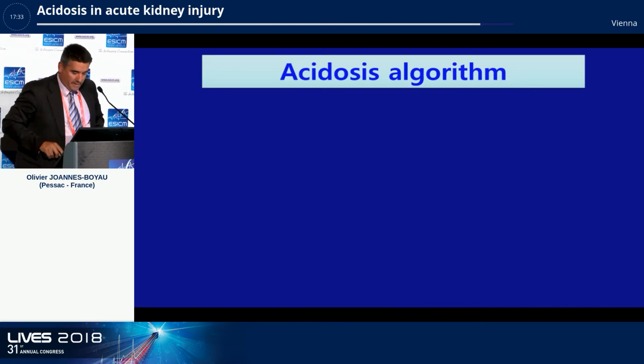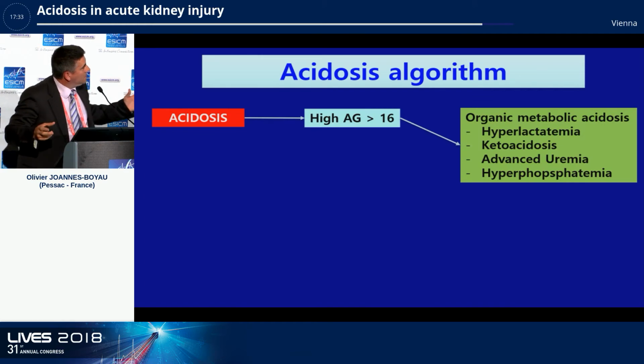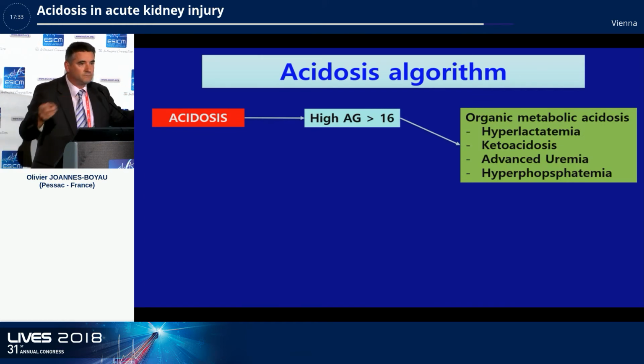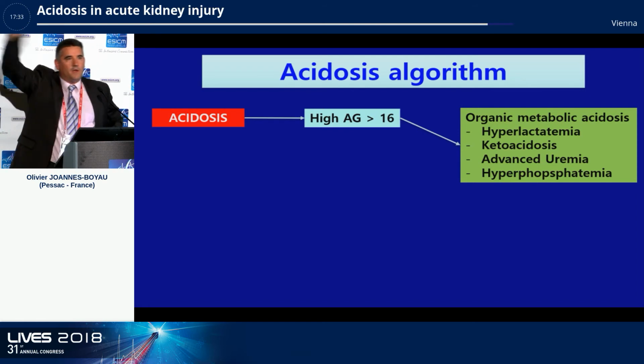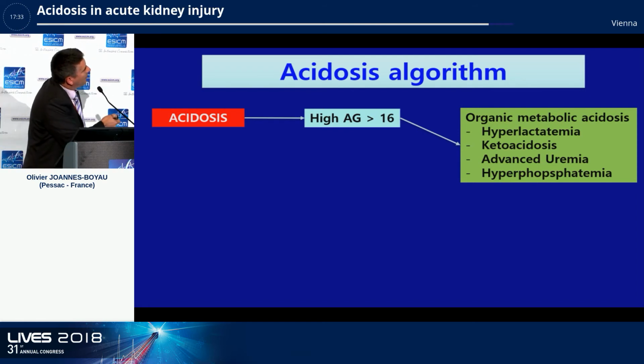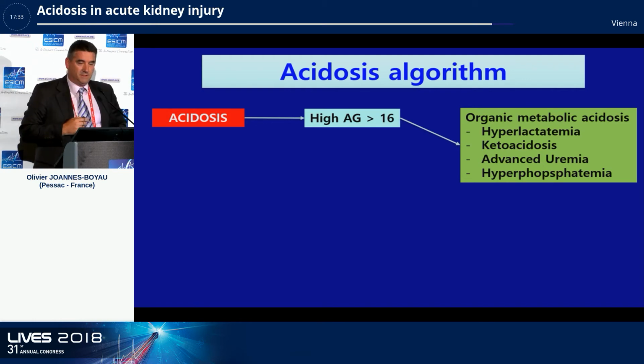To summarize a bit, the acidosis algorithm, when you have some acidosis in the ICU, with a very pragmatic approach, Anderson, Stewart, everybody. You have a high anion gap. This is simple. It's due to organic metabolic acidosis, hyperlactatemia, or ketoacidosis, or advanced uremia, directly due to the kidney, or hypophosphatemia.